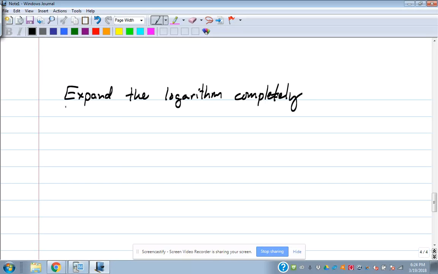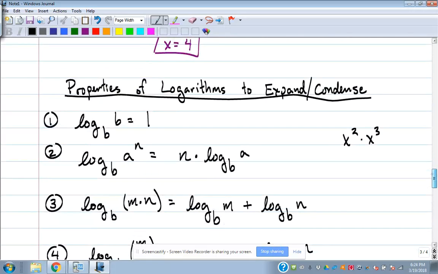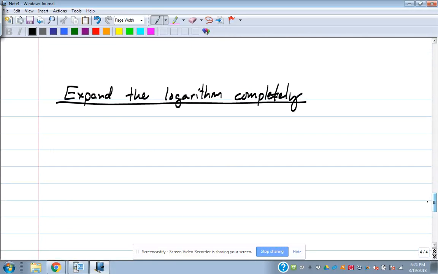Expand the logarithm completely. What letter are we on here? N. Log base 7 of 8x. We're going to take that single log and expand it using those properties.